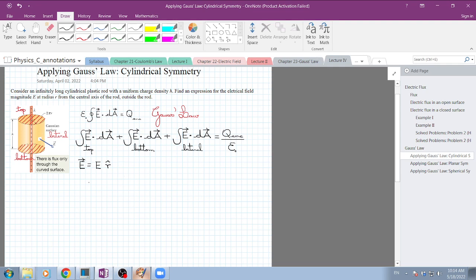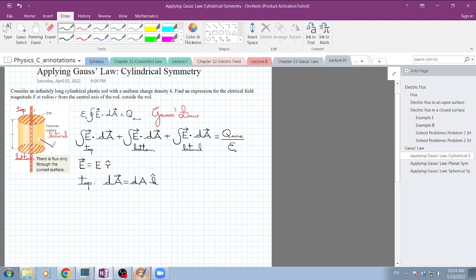For example, if you analyze the top area, the vector area there is going to be in the k direction.